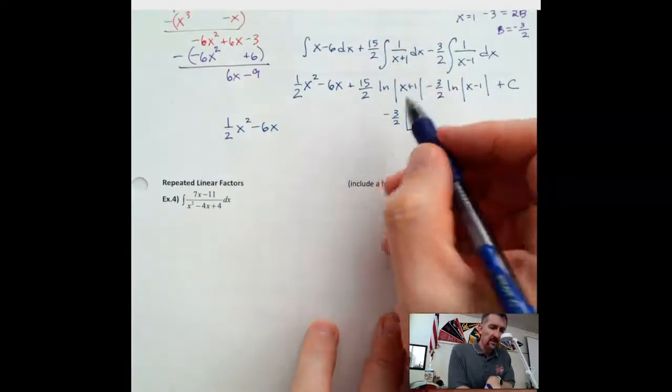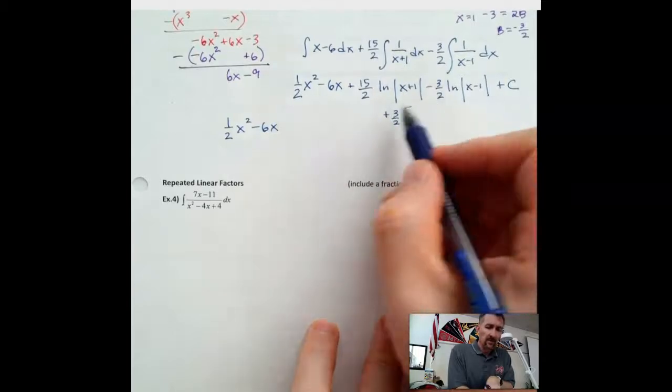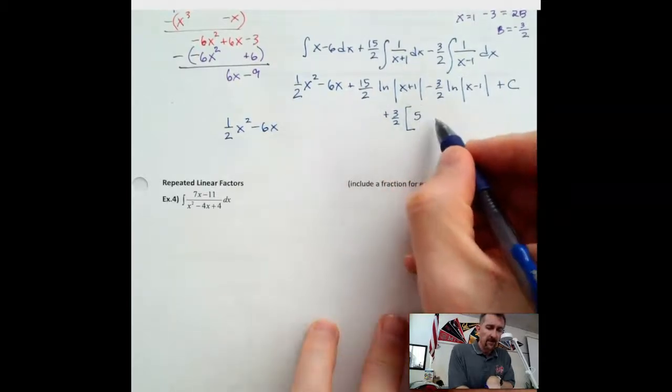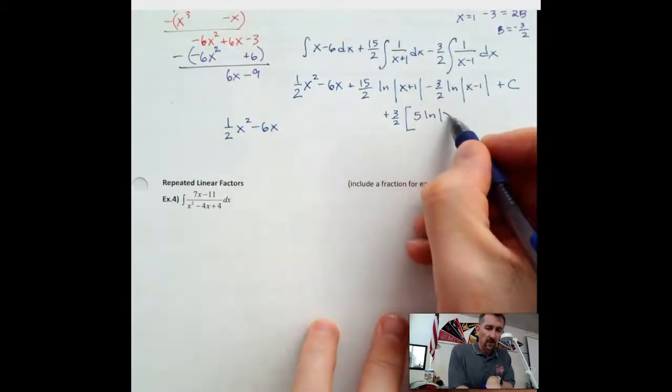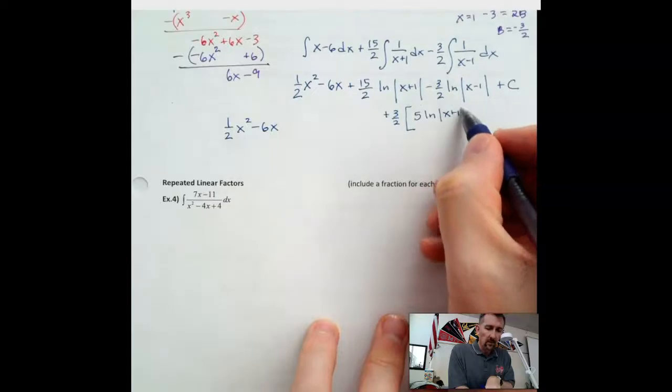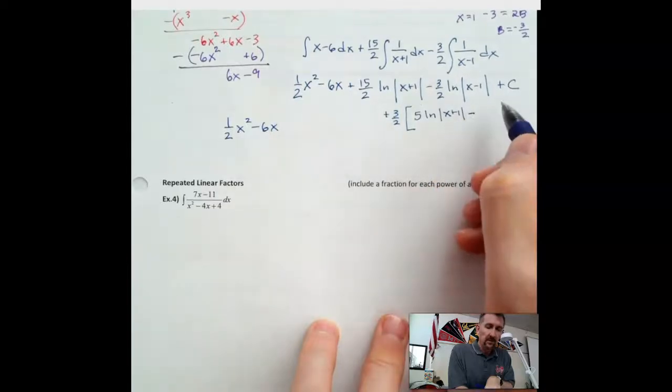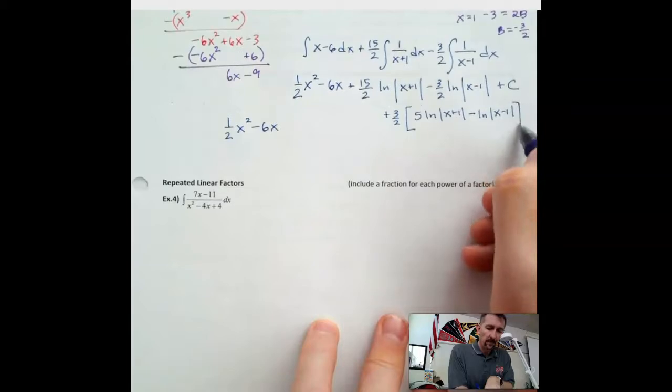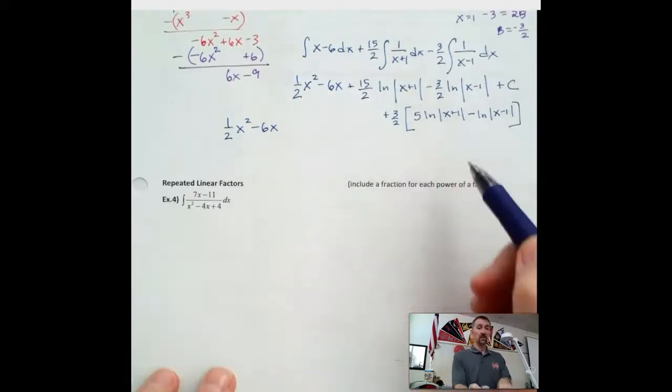If we do a positive 3/2, that's going to be 5 natural log of x plus 1 minus natural log of x minus 1. And we still have the plus c over there.